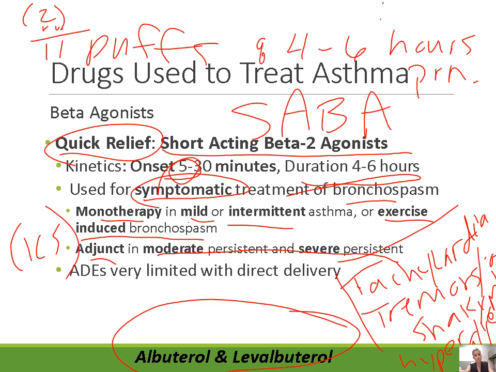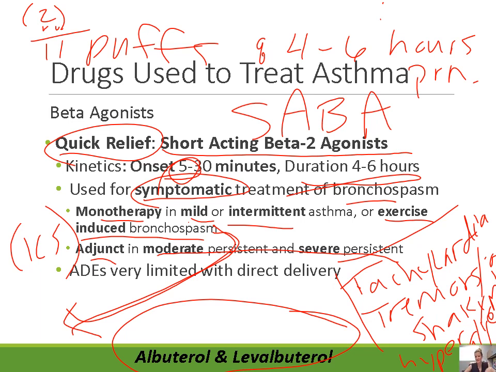Albuterol, or short-acting beta agonists, can also be used for exercise-induced bronchospasm. So exercise-induced bronchospasm is this pretty predictable pattern of bronchospasm that occurs when someone exercises. We see this a lot with younger kids where they go to PE at school and have a bronchospastic episode. So in this case, we give albuterol to prevent the episode.